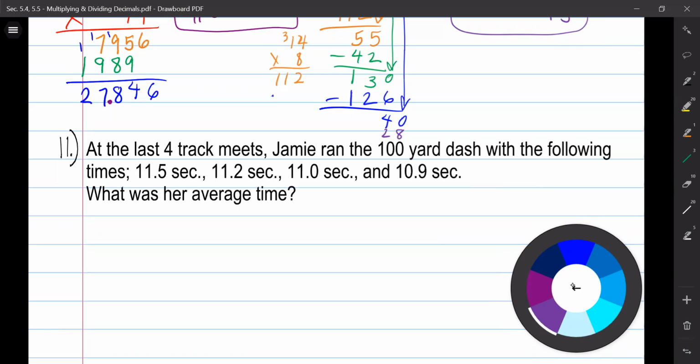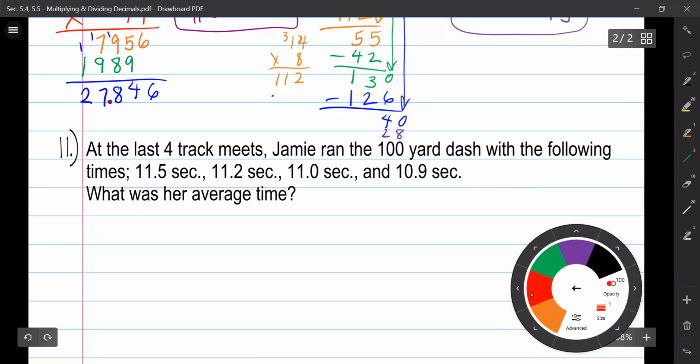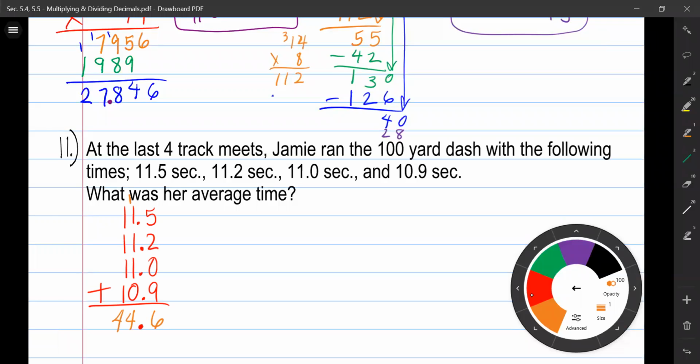So we're going to add them all up and then divide by 4. So when I added them all up, I got 44.6. And then we need to divide that by 4.